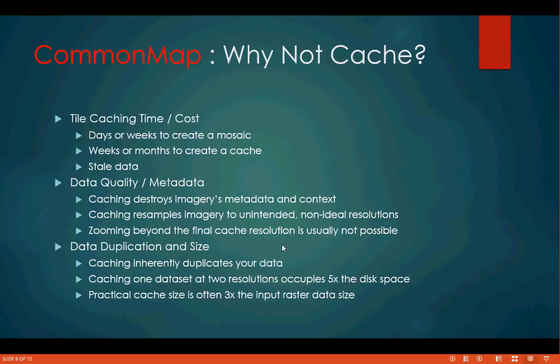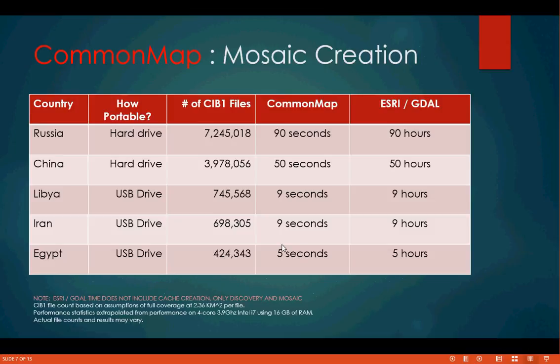In addition, and this is one of the worst things, in the real world we see that those tile caches are about 3 times larger than the input RPF size. So you've duplicated your data and made it bigger. It's really not ideal. So if caching's not right, well, what's the other option?